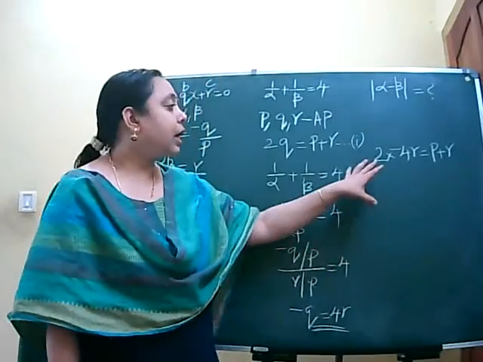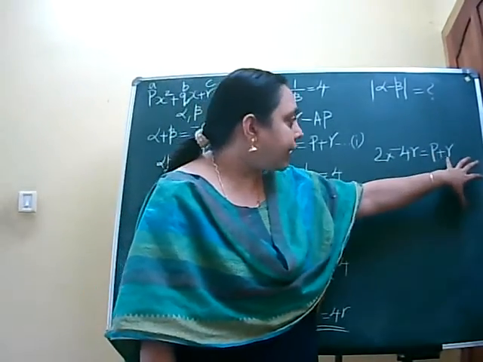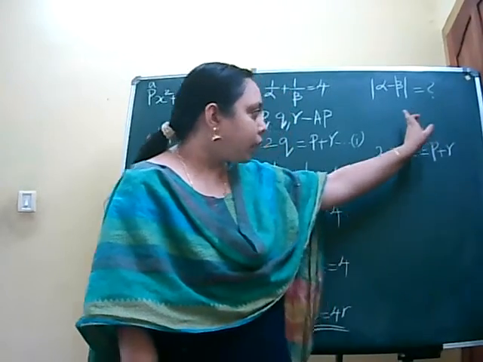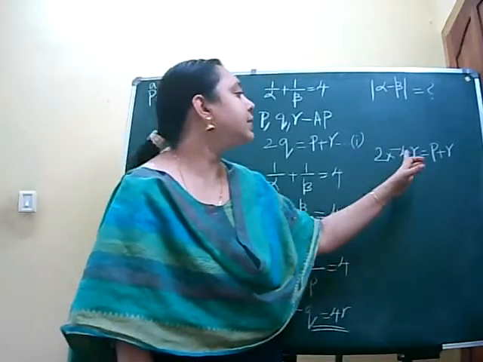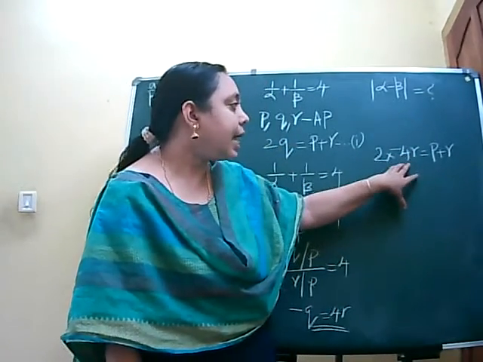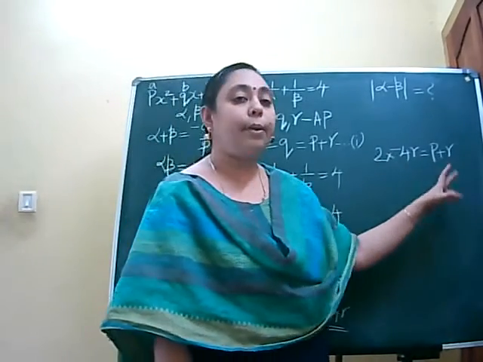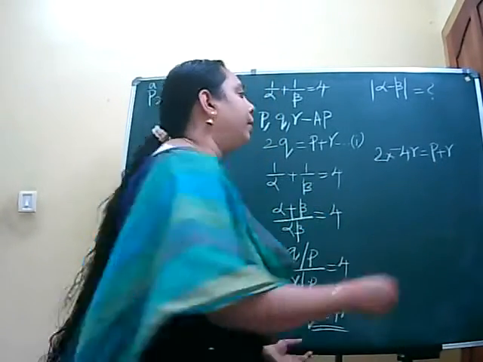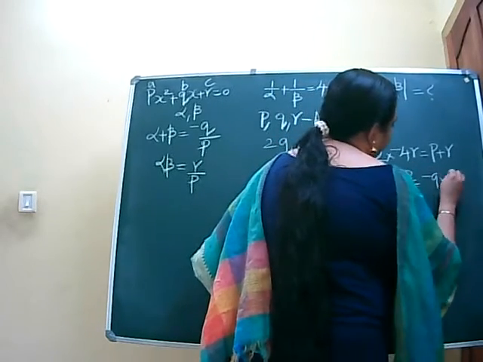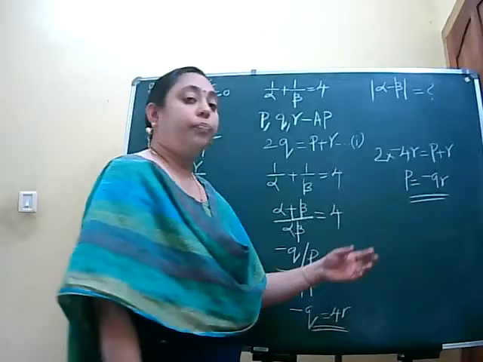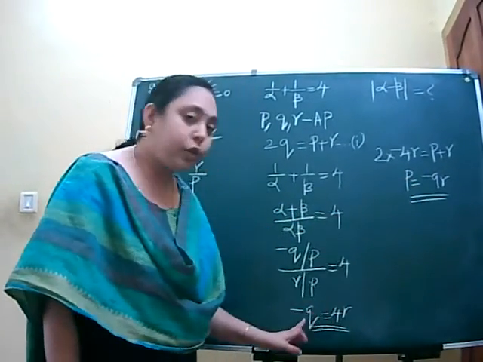So this becomes minus 8r. Then this r can be moved to the LHS, so this becomes minus 8r minus r. That is, p becomes minus 9r. So we get the values for p and q.